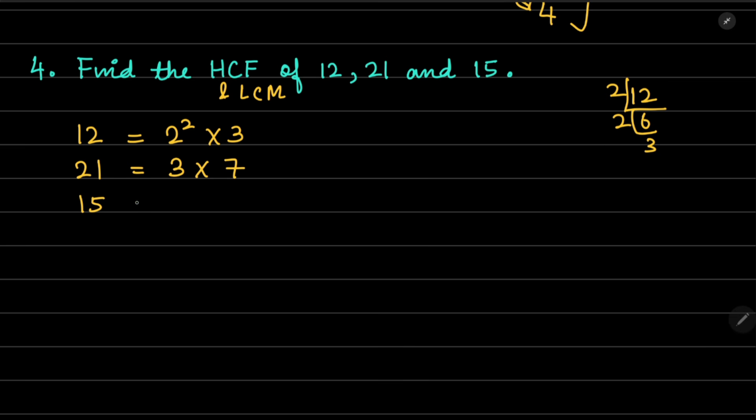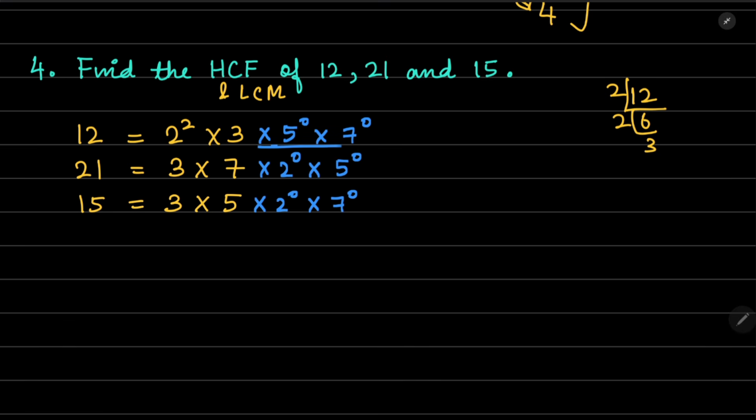And for 15, it's 3 multiplied by 5. Now let me make the factors common. I don't have a 5 here, so I'll write 5 to the power 0, 7 to the power 0. Here I don't have a 2, so 2 to the power 0. I don't have a 5, so 5 to the power 0. Here again 2 to the power 0 and 7 to the power 0. This 0 is added so that I can make the prime factors common.